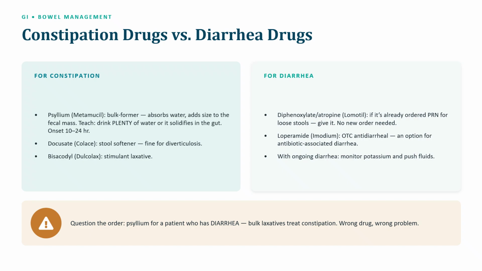So if you see a question and it says something like, your patient is experiencing episodes of loose, watery stool, and you look at their medication record and maybe they have Tylenol ordered PRN, and they have like a PRN nausea medication ordered, and then you see that they already have Lomotil or loperamide ordered, give it, right? It's already on their medication record because it is known that this patient is having watery stools. So there is nothing further for you to do.